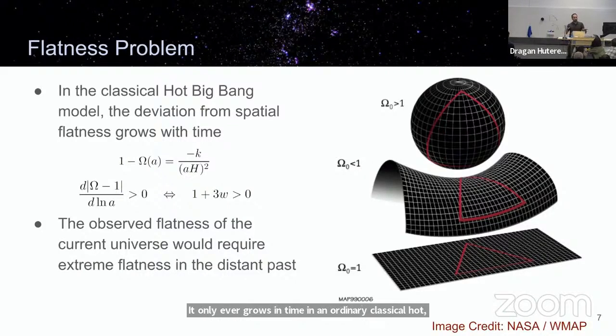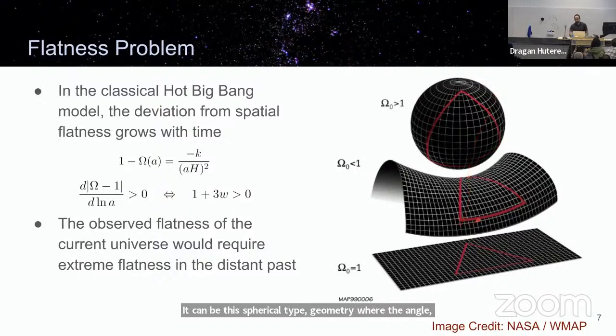So a spatially flat universe, that is one in which the spatial hypersurfaces do not exhibit curvature, that's shown here on the right. So basically there are these 3 options for the spatial curvature of our universe. It can be this spherical type geometry where the interior angles of a triangle add up to greater than 180 degrees.